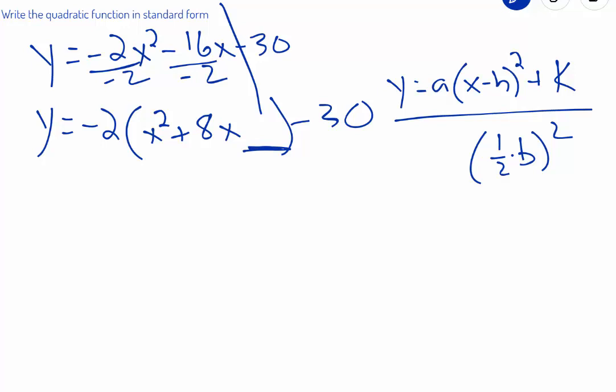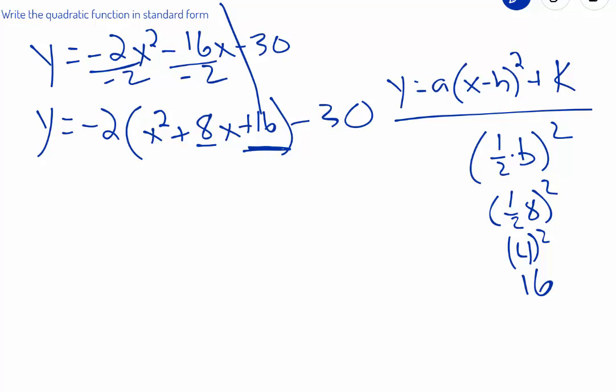Remember that b is always the coefficient of x to the first power. So for us, b is 8. Half of 8 is 4, and 4 squared is 16. So we're going to add 16 over here.